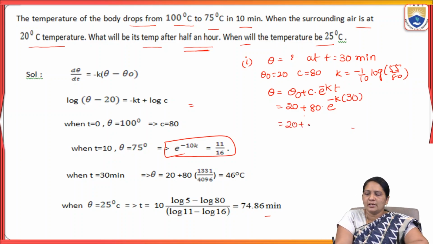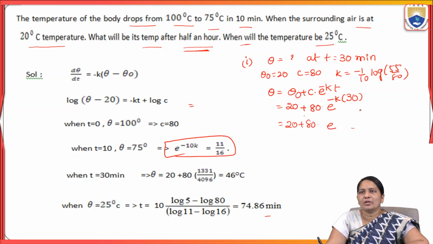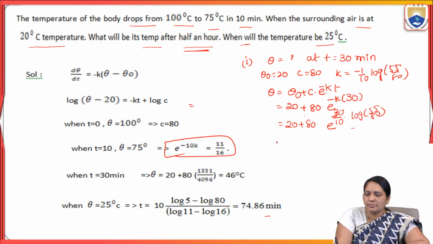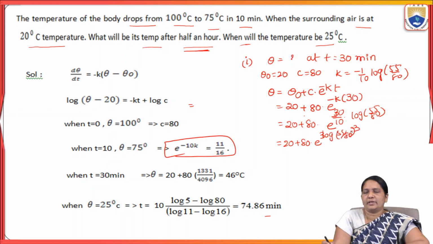Now 20 plus 80 into, we can replace the k value: 1 by 10 log 55 by 80 and 30 also is there. So 30 by 10. This becomes 20 plus 80 into e power 3 log 55 by 80, that means log 55 by 80 whole cube I can write.